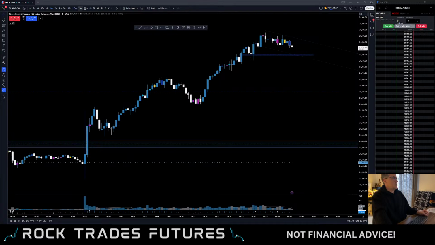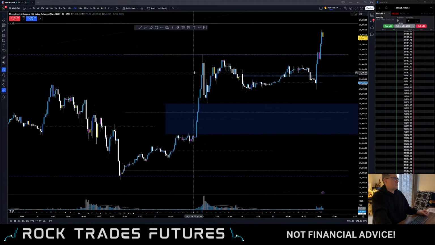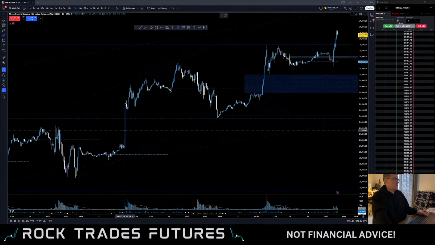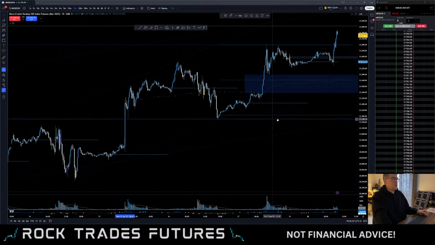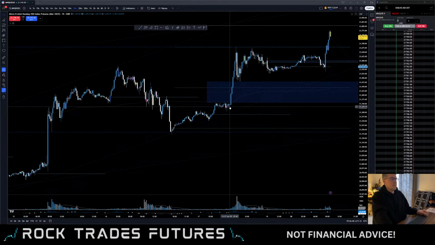I also want to get the anchored VWAP from CPI on here. This was CPI. All right, we pushed away from it on Friday, but you can see it's an interesting level.